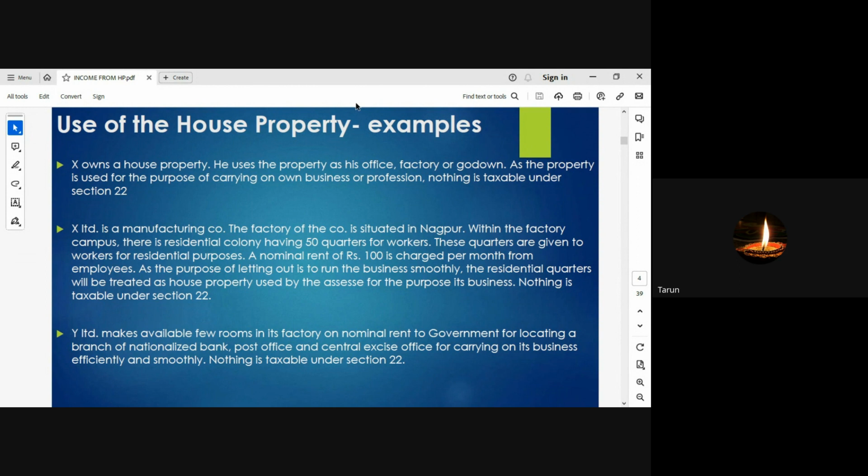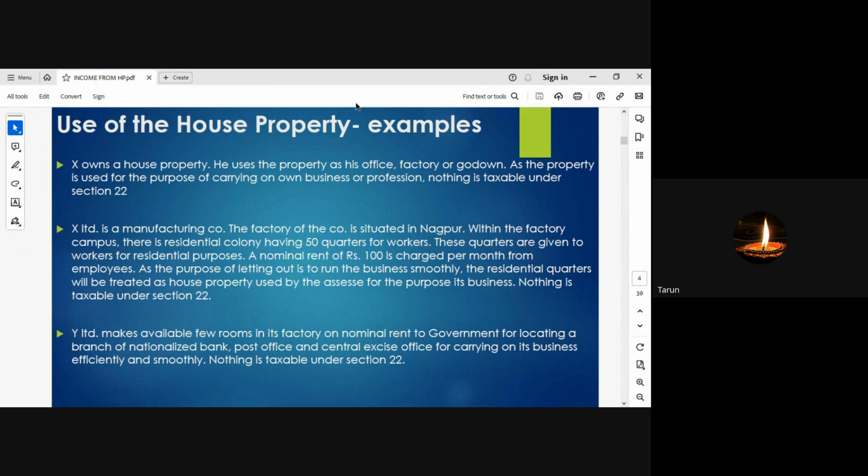The residential quarters will be treated as house property used by the company for the purpose of its business. Nothing will be taxable, because such property is let out for its own business or profession.